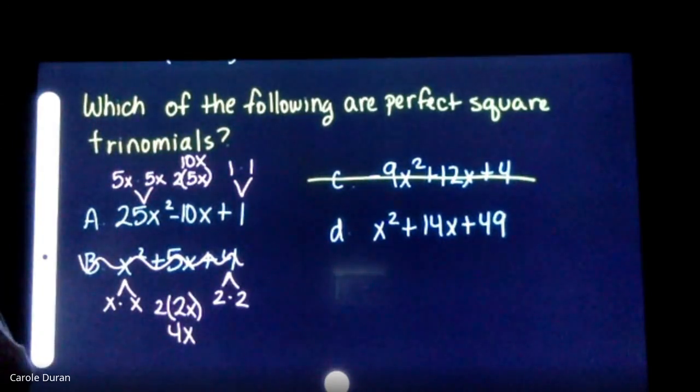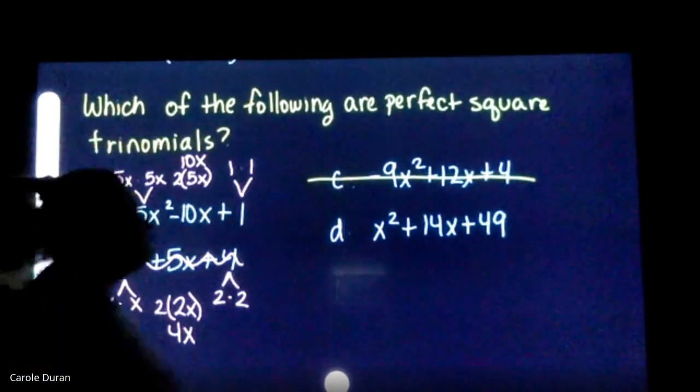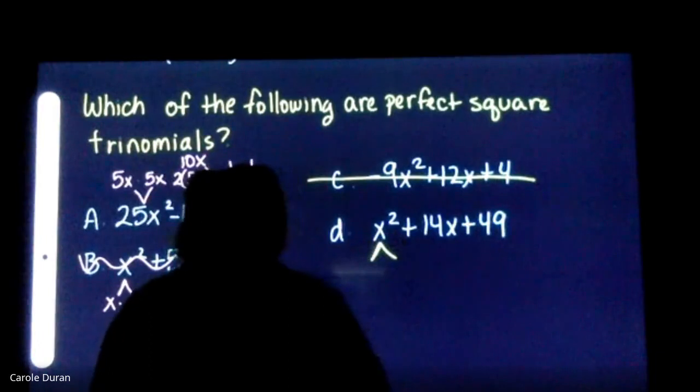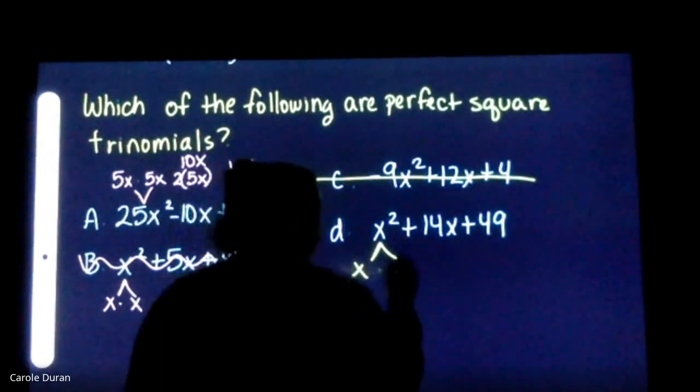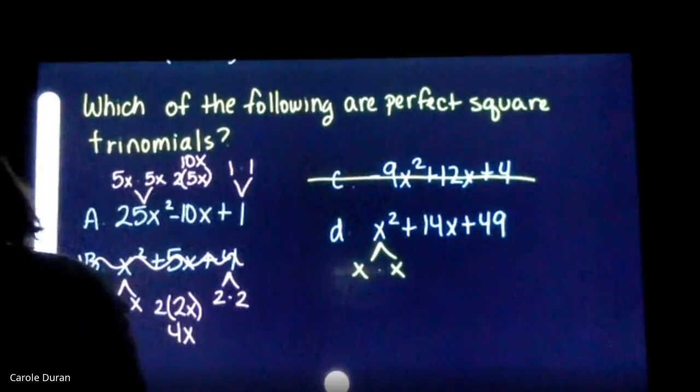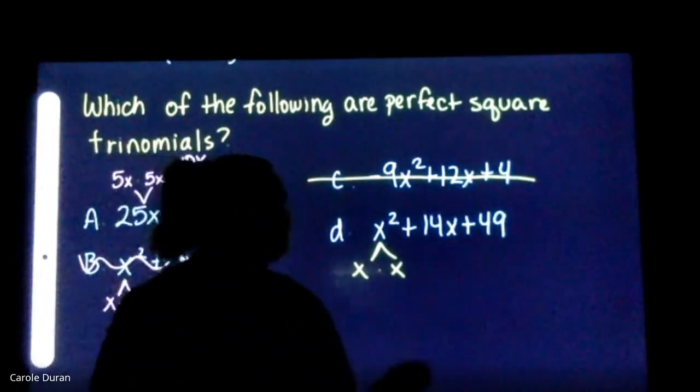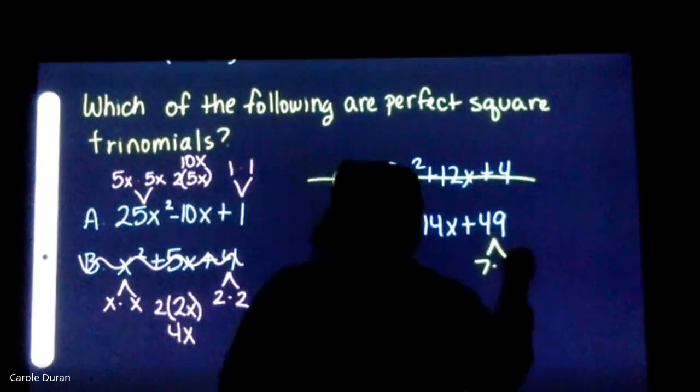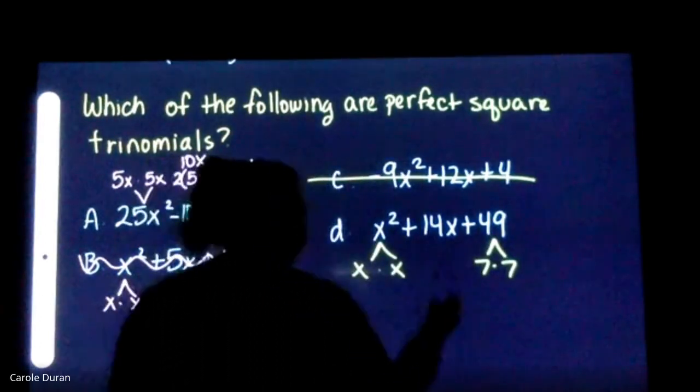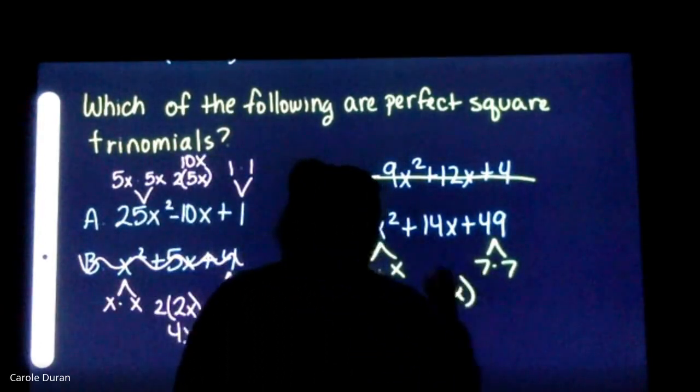So now we need to go ahead and test part D. So x squared is x times x. 49 is 7 times 7. Multiply one of each of those together, I get 7x.